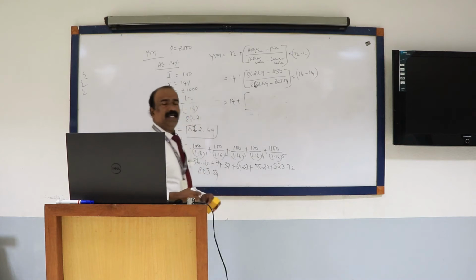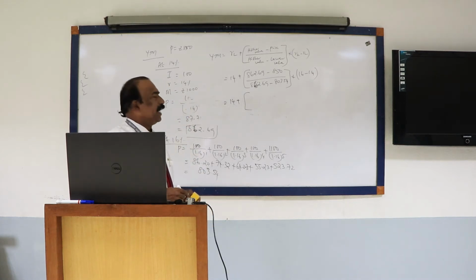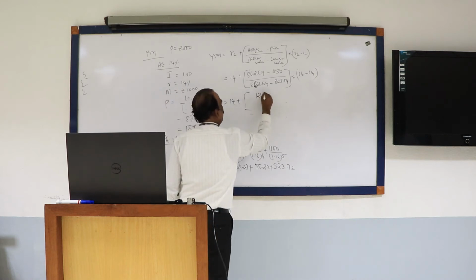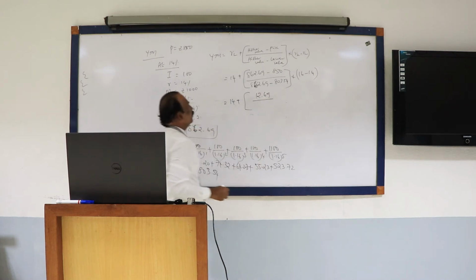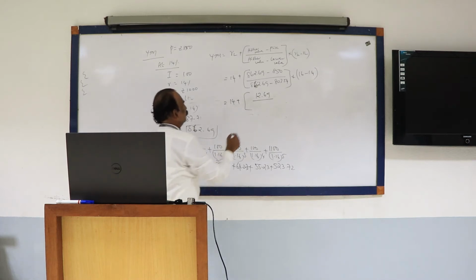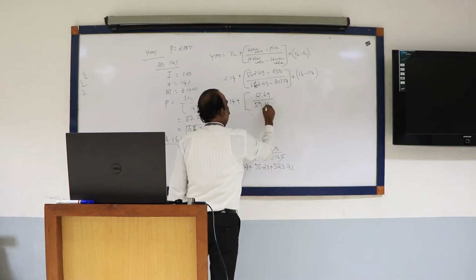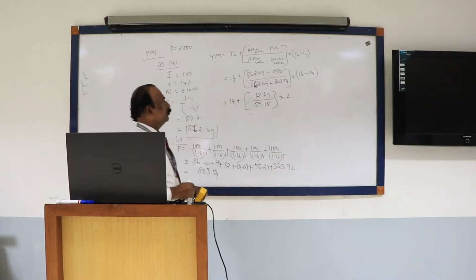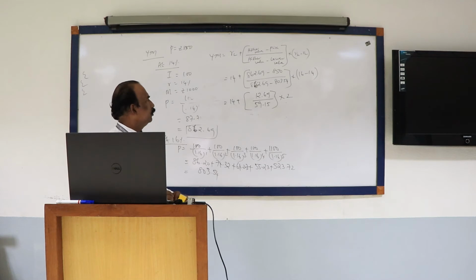what's the value? 862.69 minus 850, that is 12.69, divided by 862.69 minus 803.54, that is 59.15, into 2. So divide it and then multiply it, then add with 14.